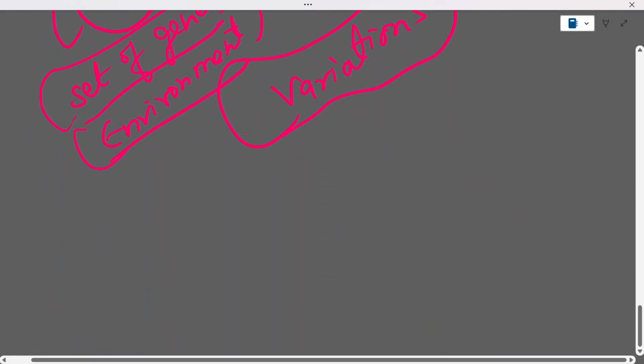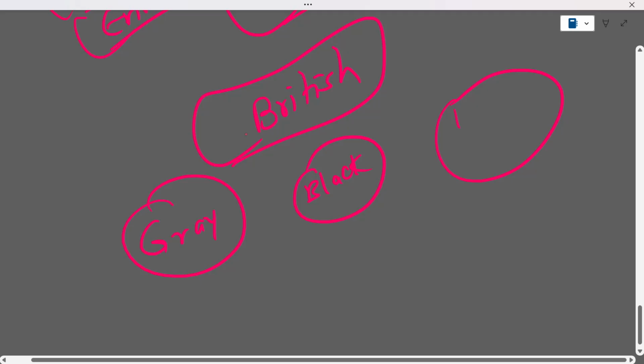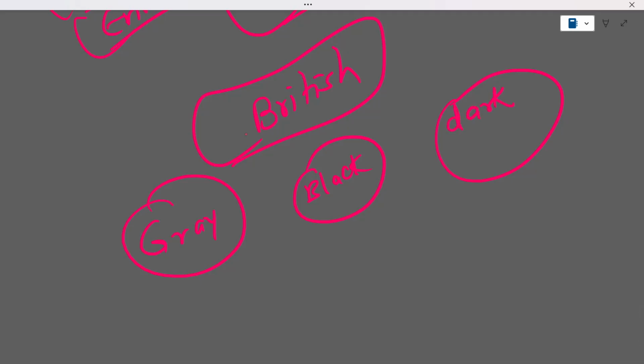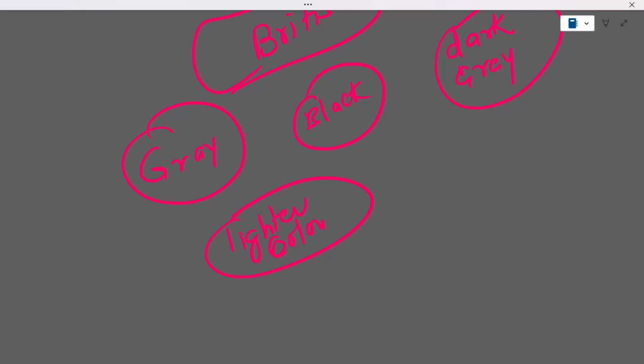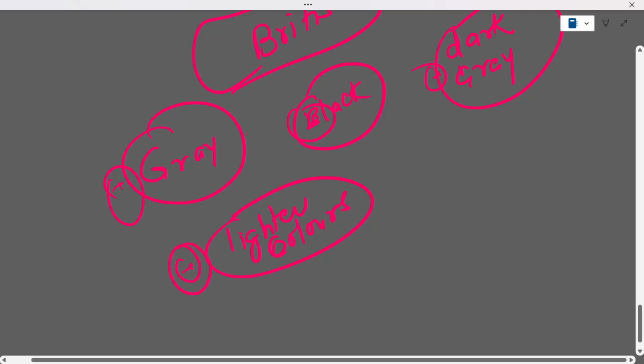So coming back to the point, variations are there. In the same way, in the British area, whether it was industrialized, pre-industrialized or unindustrialized, in all the areas there were variations. There were gray moths, there were black moths, there were moths with dark shades of gray, there were moths with different colors, lighter shades of other colors. Such variations were there.